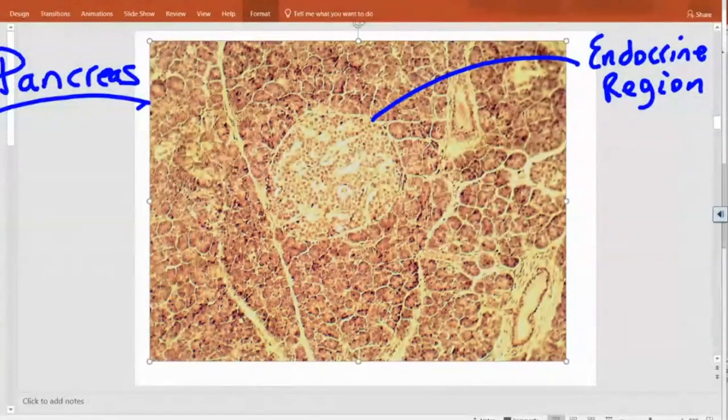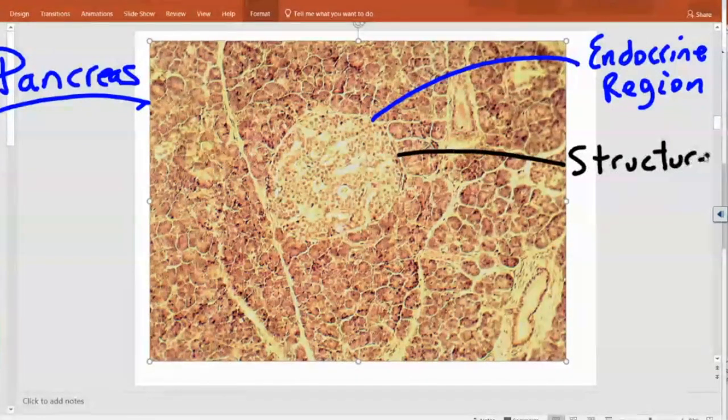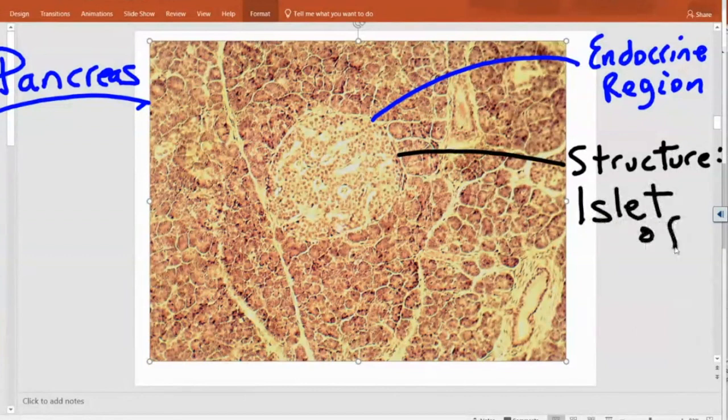Everything has a name. The name of this structure is this. It is an islet of, I don't know why this guy had such a long name, but he did.